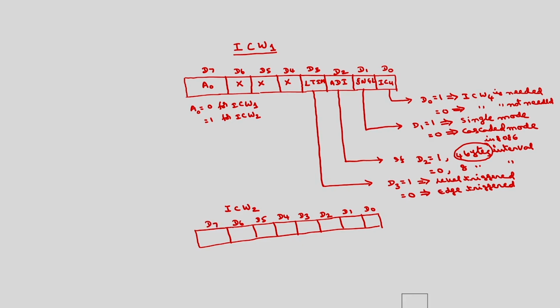The first bits are A8, A9 and A10. Then the remaining bits are T3, T4, T5, T6, and as I have told, the D7 bit is 1 for ICW2. So, there will be one more bit, which is called T7.